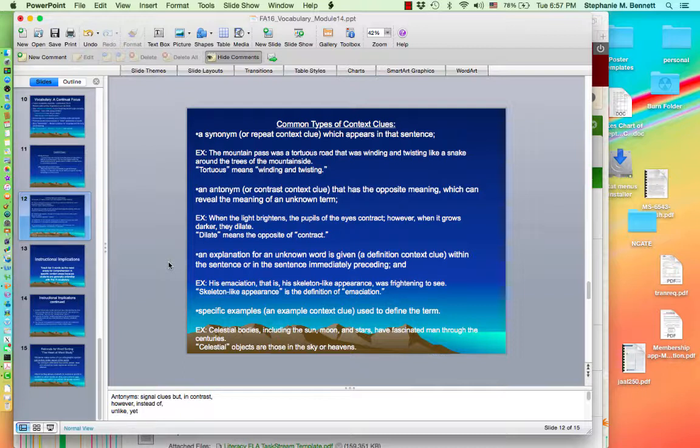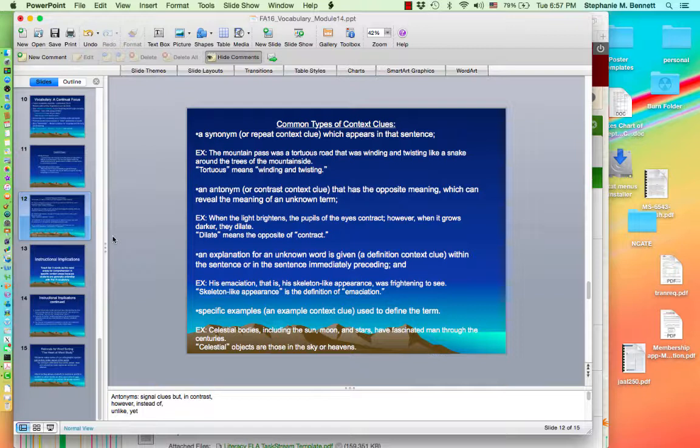An antonym or contrast context clue, which has the opposite meaning, which can reveal the meaning of an unknown word. A definition context clue, where the explanation is provided for you, or an example context clue, where specific examples are used to then define the term. And you see all of the examples here.